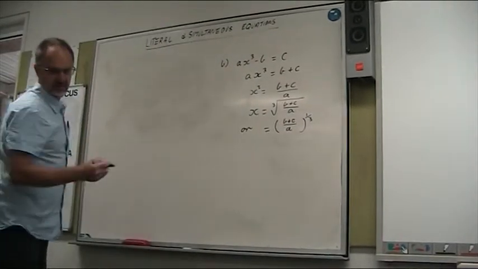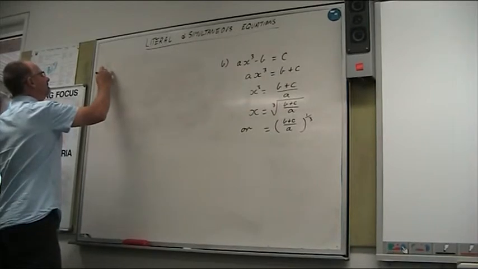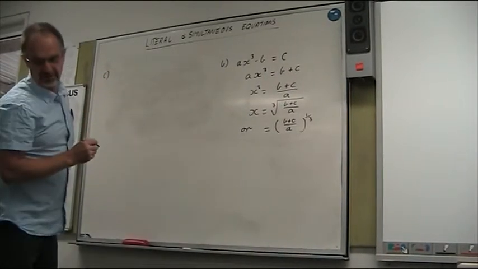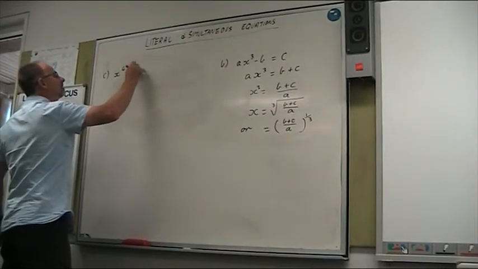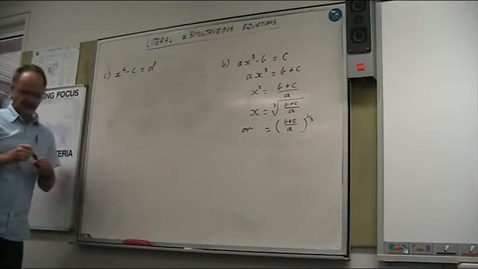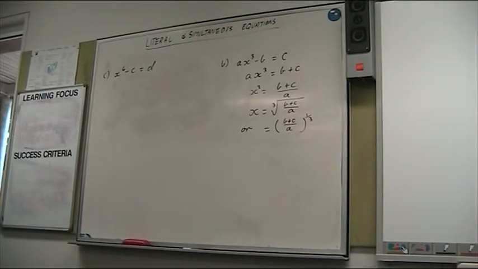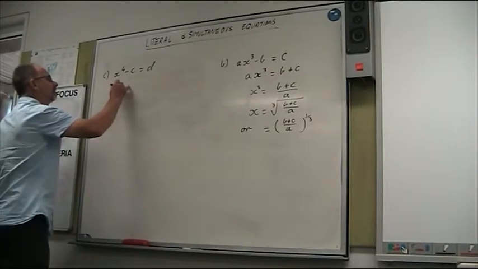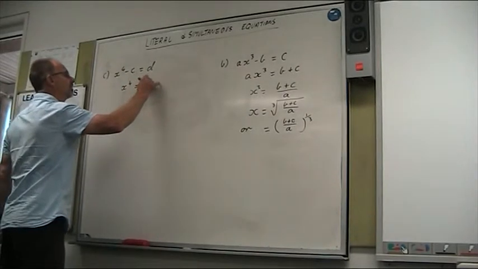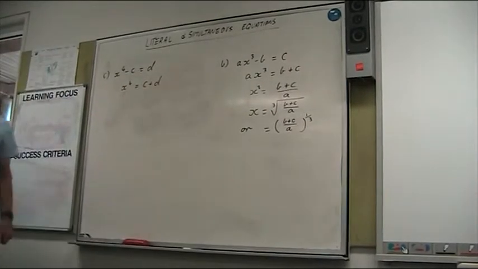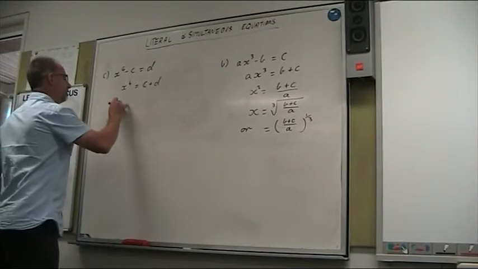Right, so C. All right, so again, a literal equation. We need to add the C on, plus for C, yep. x to the 4 equals C plus D, and then it's going to be the fourth root, yep.